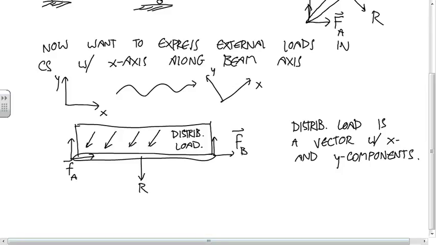So we're going to be dealing with horizontal distributed loads. And the good news is we're only going to be dealing with rectangular horizontal distributed load components.